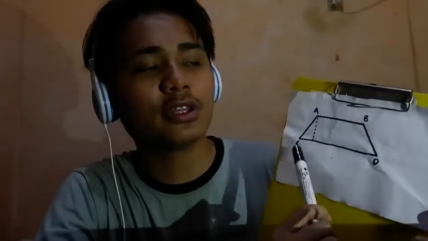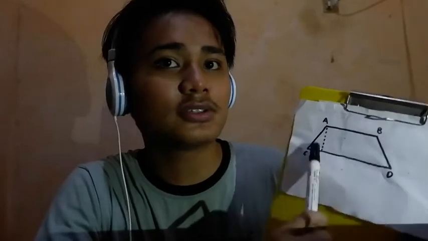The second is theorem 4.4.2. It's called the diagonals of an isosceles trapezoid. Just imagine again, this is an isosceles trapezoid.